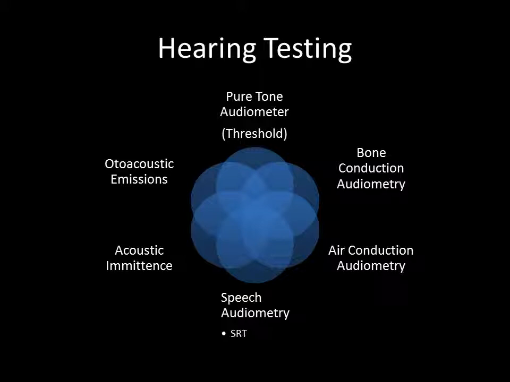There's the SRT, which is speech reception threshold, and a speech or word recognition test. As we discussed in the section on audiometers, a threshold is determined when a patient correctly responds 50% of the time to the signal being provided. During a speech recognition test, the audiologist is also interested in determining a threshold for the reception of speech.